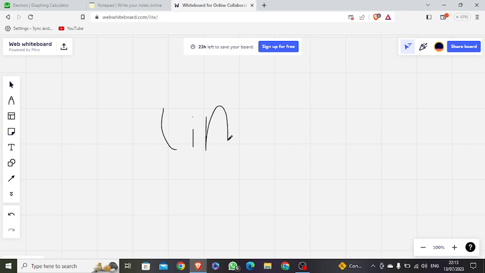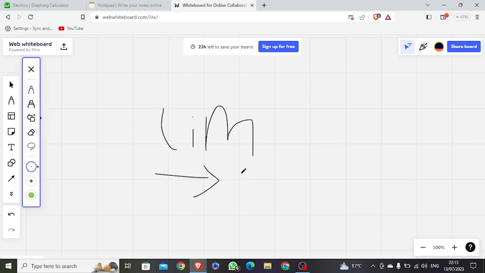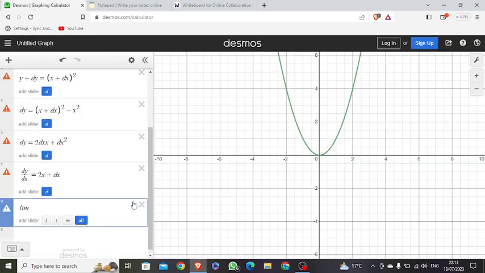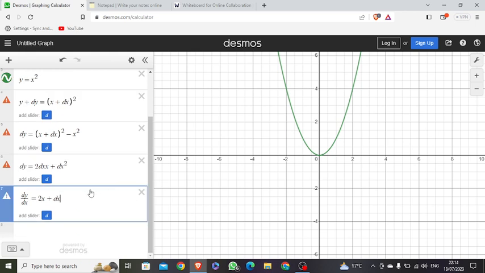As dx approaches 0, we're making dx go to 0, super insignificant. We're making it the limit, not the exact value, so we'll never reach it, but it approaches it. That's basically what a limit is.